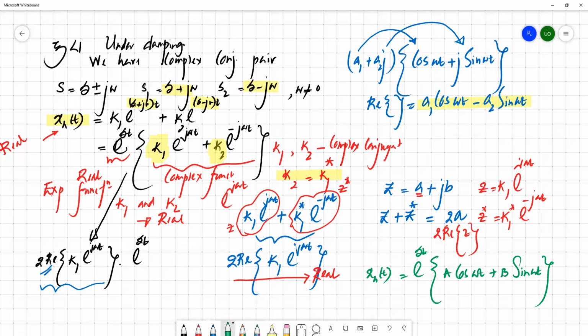So the natural response would be e to the power sigma t into a cos omega t plus b sine omega t.